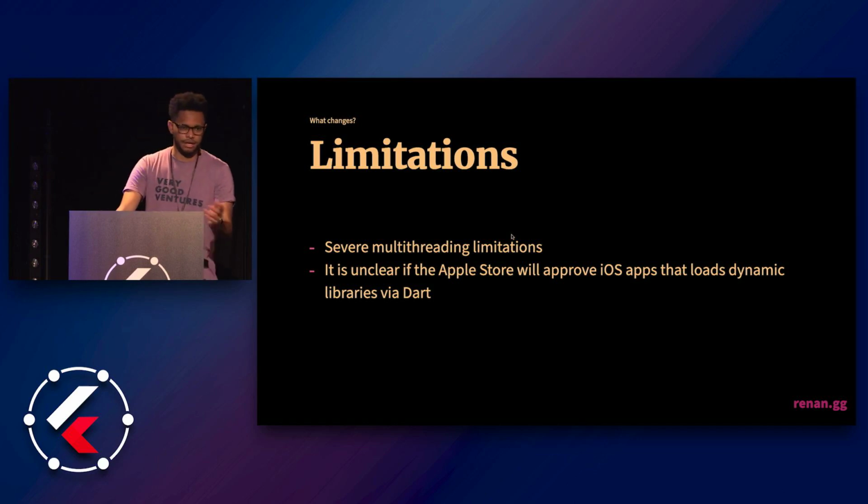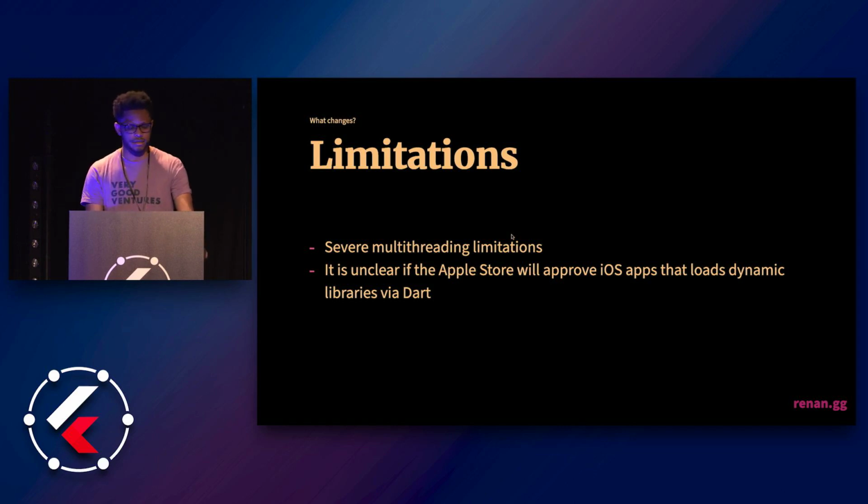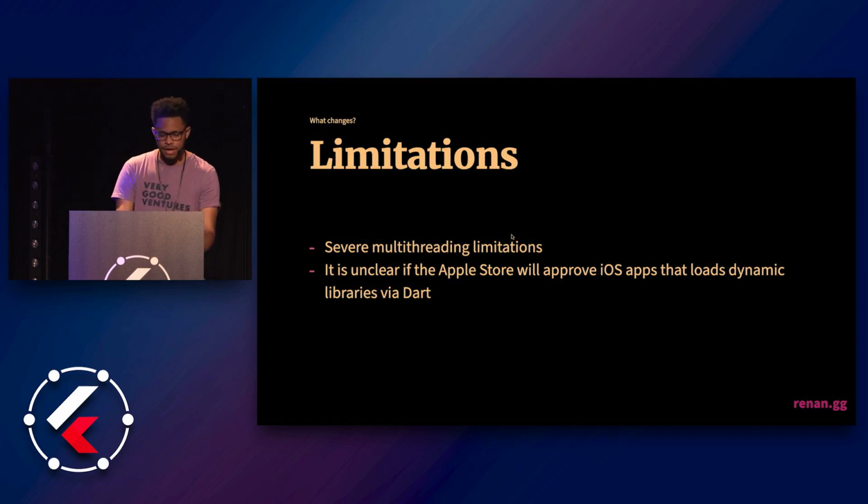For example, creating a window. If you create an NSWindow, your application will crash at runtime because the Dart isolate doesn't run in the main thread of a macOS application. And that's pretty limiting for some APIs, for some specific frameworks.